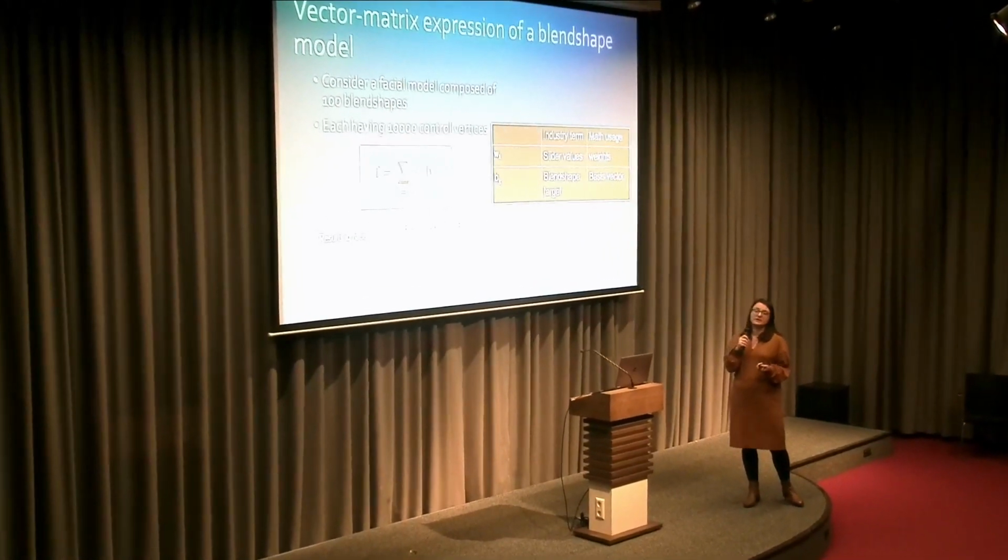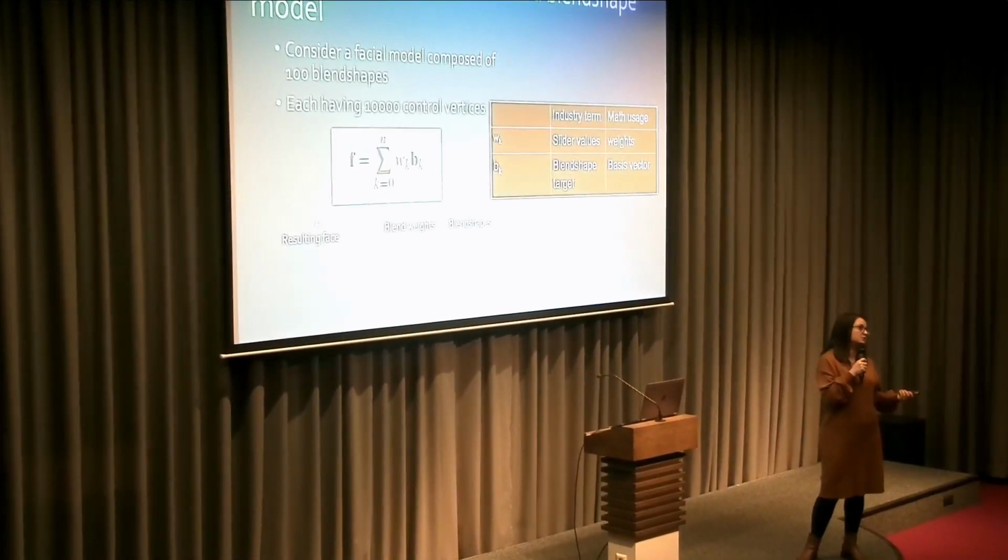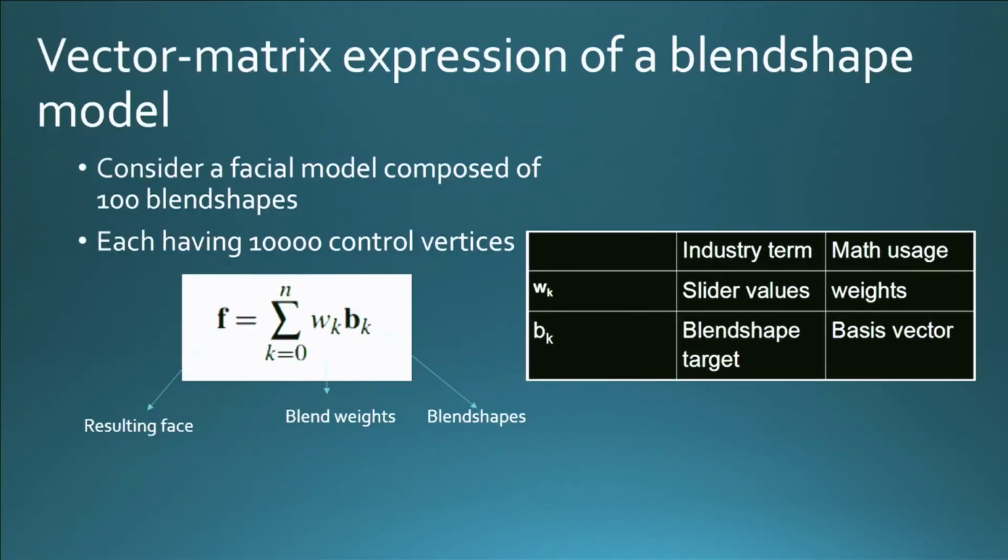So you have, let's say, a 100-dimensional space where you combine all these different types of expressions, such as happy, sad, angry, or maybe mouth movement, and you create the resulting face in this multidimensional space. Of course, because it's a multidimensional space, you can apply all kinds of data analysis algorithms on this space, such as dimensionality reduction.